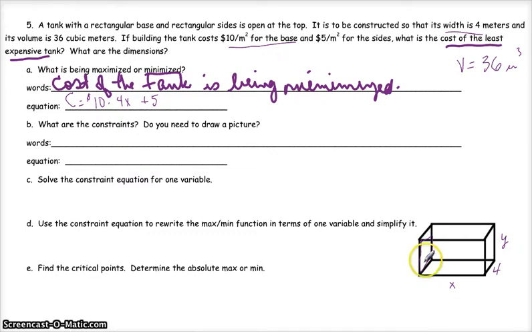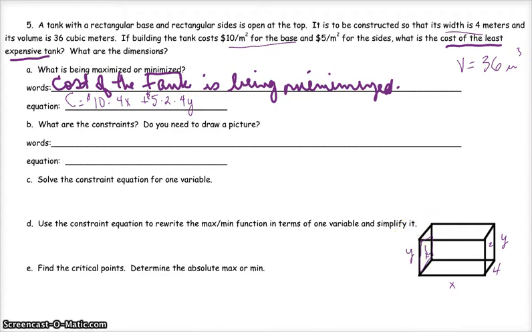We know that its width is 4 and its height is y. So this area would be 4y. We have 1, 2 of those rectangular areas. So we would multiply 5, the cost of the sides, times 2 times 4y, because we have 2 of those.